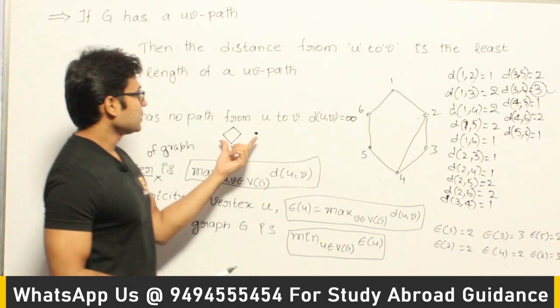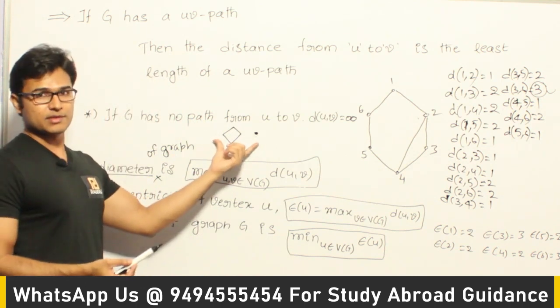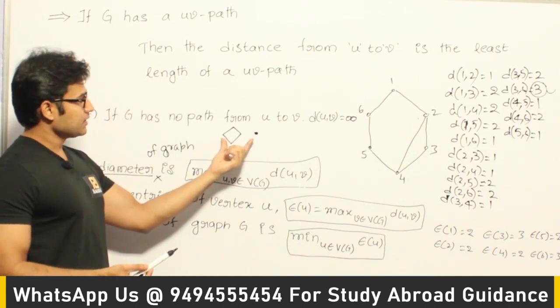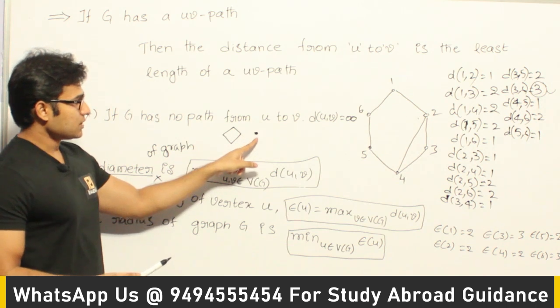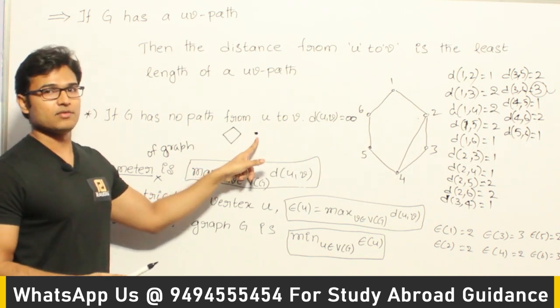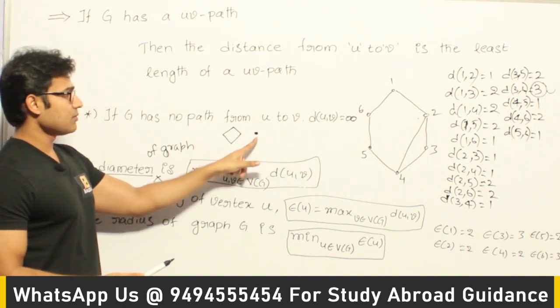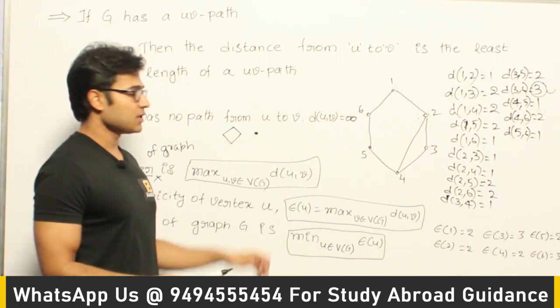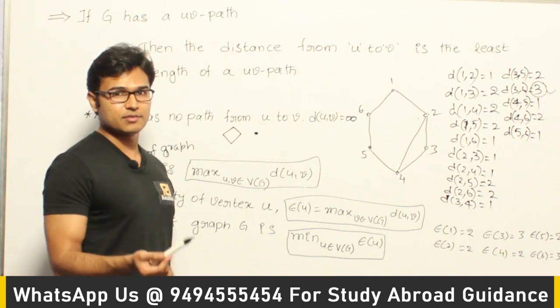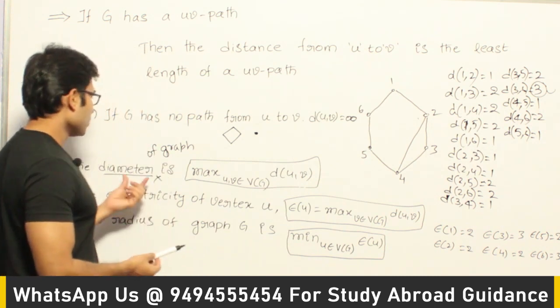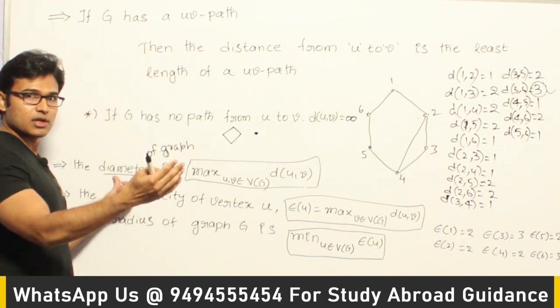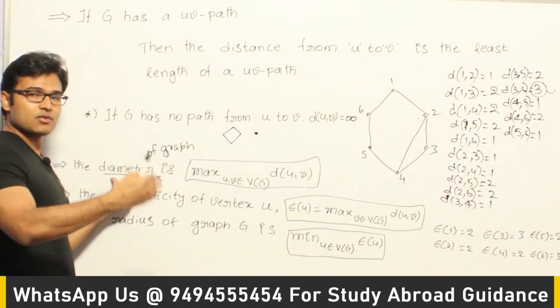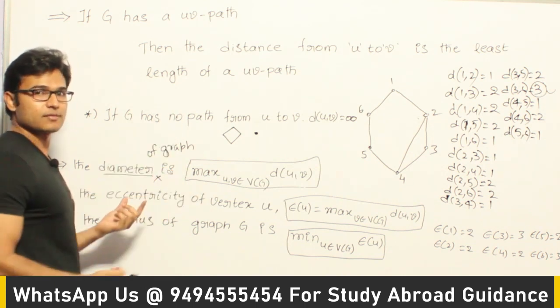In case the graph is disconnected, then what happens? You will clearly see that the distance is infinity for many cases. Therefore you will get the maximum distance as infinity, which means you cannot reach every vertex. That is the meaning of it, right? So diameter is going to give us the upper bound of the number of edges required to reach a node from another node. Got it?